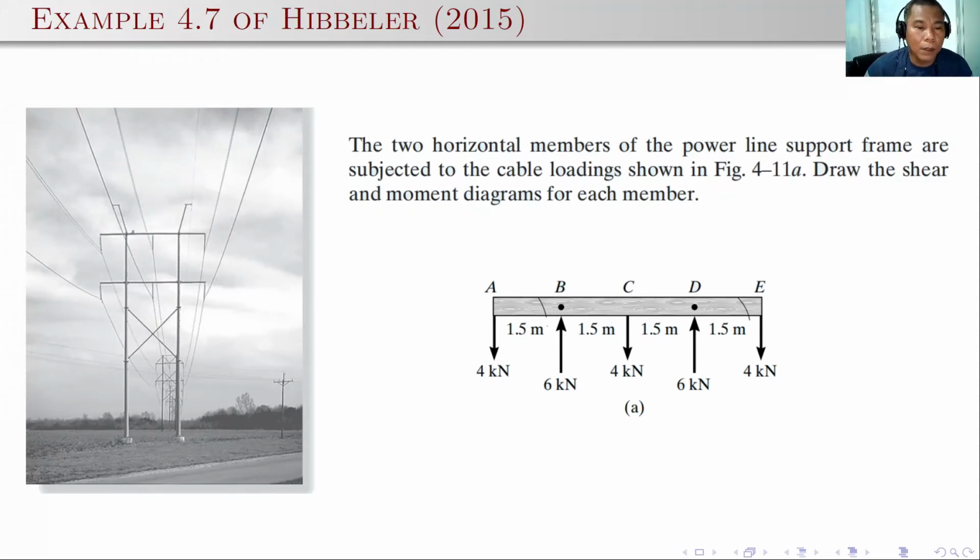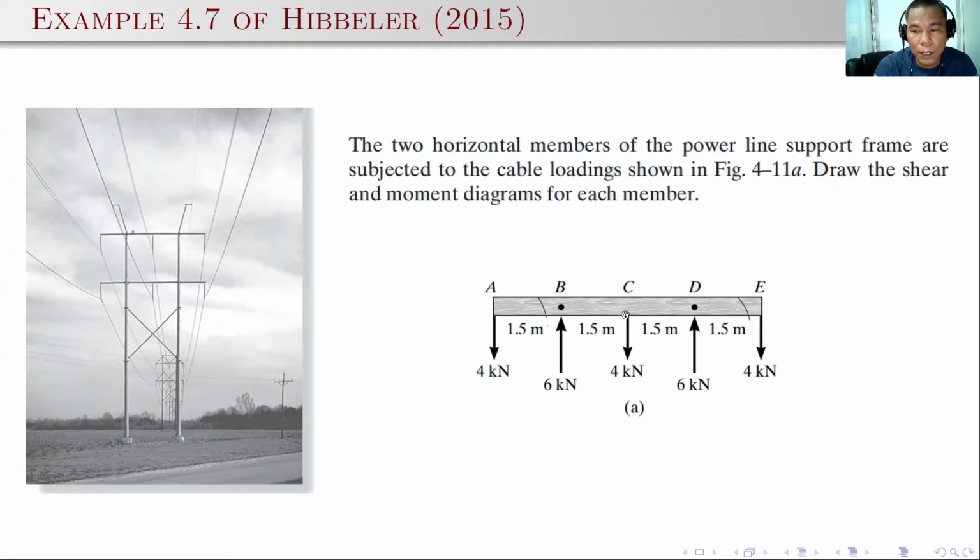Here is a very simple example, but at least you will see the effect on how to draw the shear and moment diagram. We have two horizontal members of the power line support frame, which is subjected to the cable loadings as shown below. We are required to draw the shear and moment diagrams for each member. If we look at only one of the beams, as you can see, we have named the points A, B, C, D, E because there are loadings at the endpoints and at the middle.